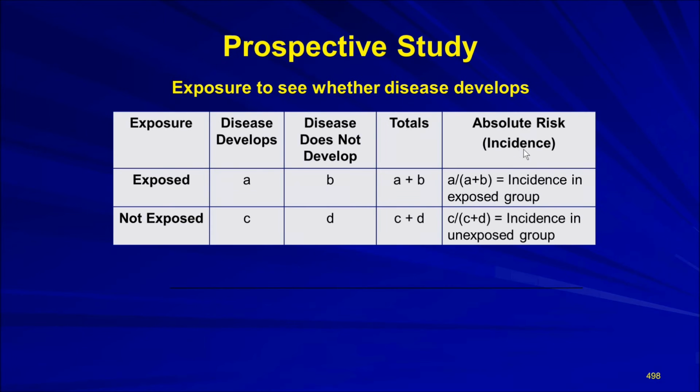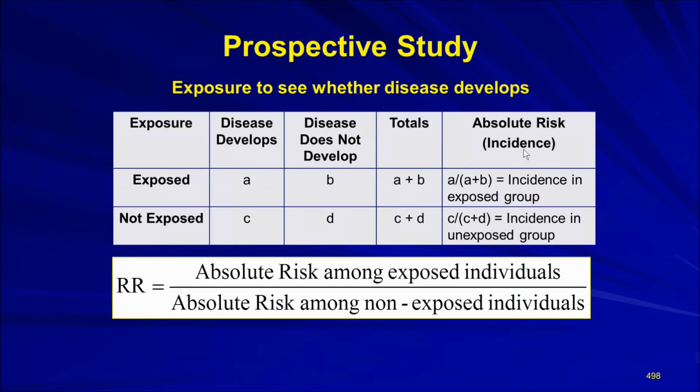Okay? Now, relative risk is calculated with absolute risk, or the incidence rate among the exposed individuals, and the incidence rate among the non-exposed individuals. So that's information you're going to get from here and here.